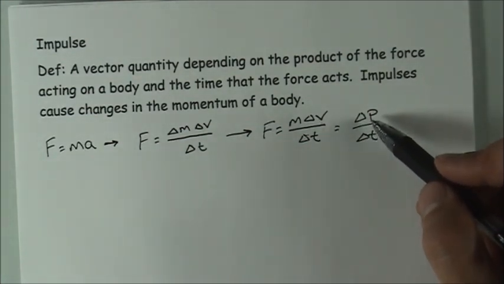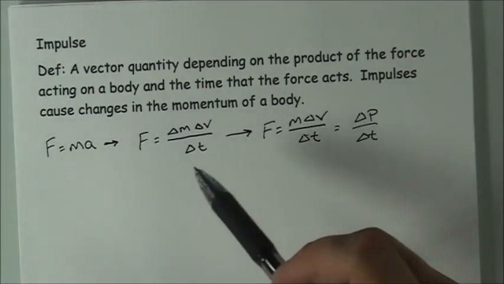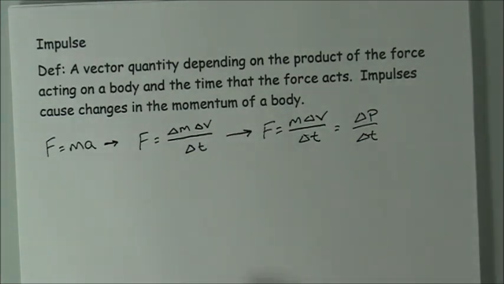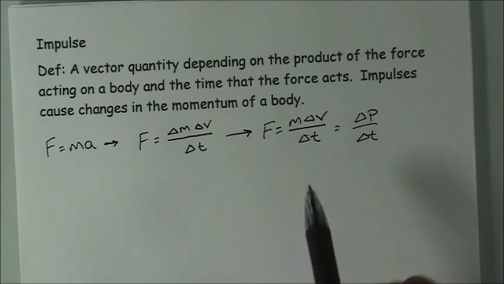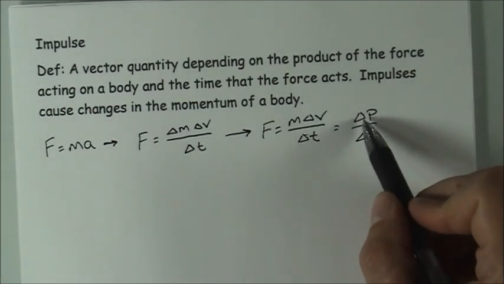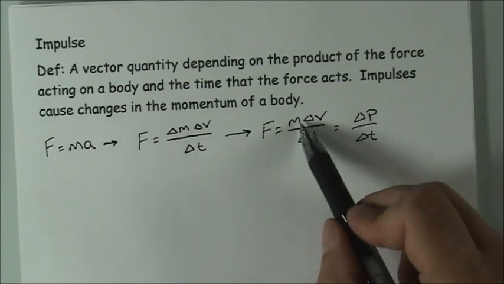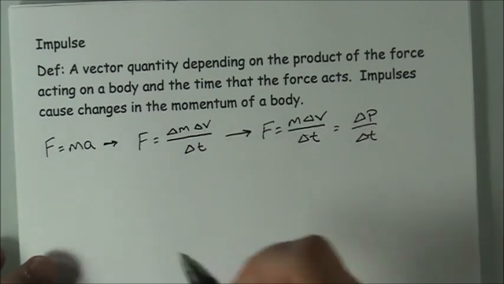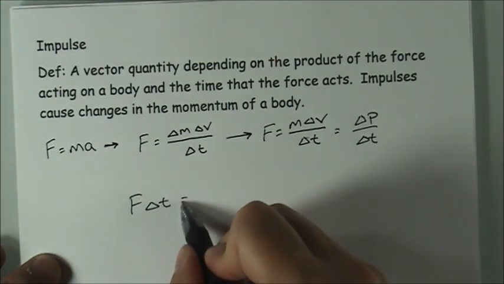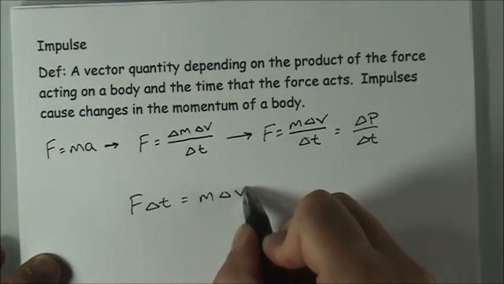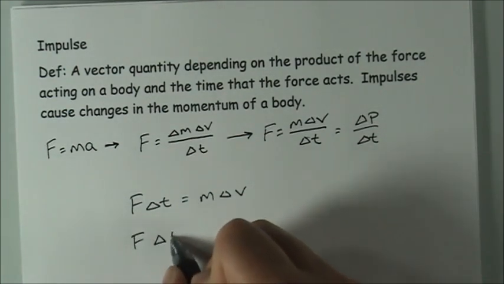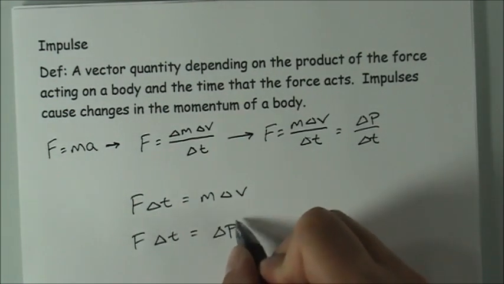So Newton's expression of the second law was that F is equal to m delta v over delta t. As a result, you can see that the change in momentum can be calculated through this new method. Instead of using m delta v, it could alternatively be calculated by calculating F delta t. In other words, F delta t is equal to delta p.